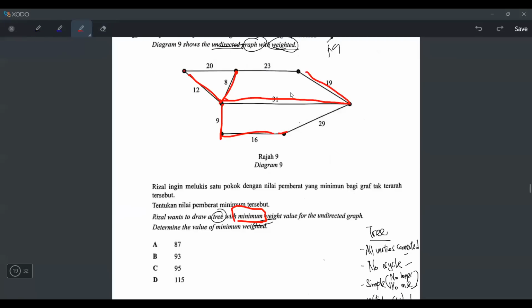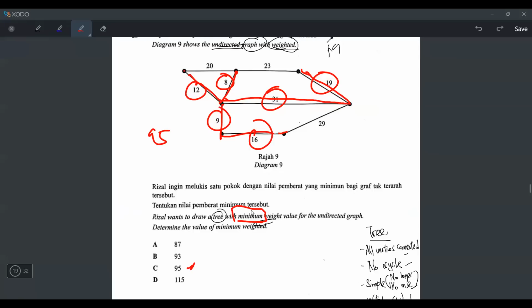That also works, because you see all vertices are connected. Okay, let's try. Let's take 12 plus 8 plus 9 plus 31 plus 16 plus 19 and see what I get. I get 95, which is one of the answers in C.